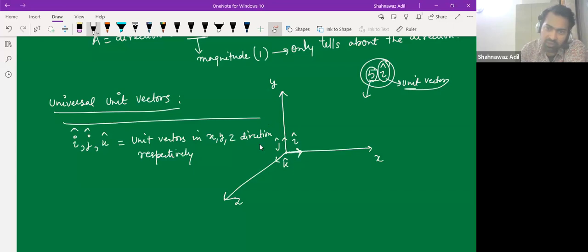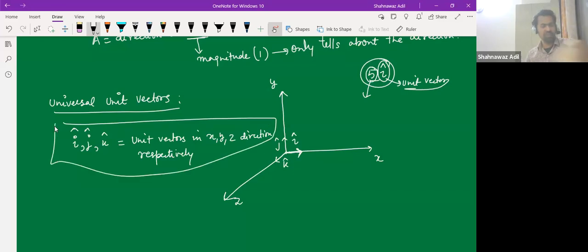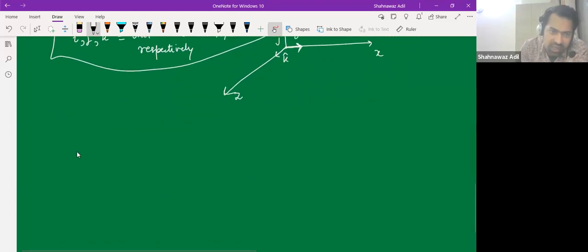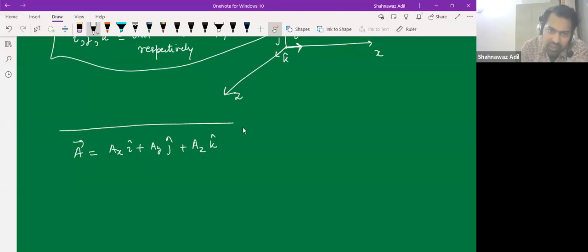So what is the use of these vectors? With the use of these I, J, K, we can write any vector in the form of X, Y, and Z components.